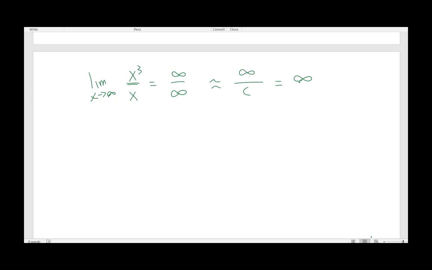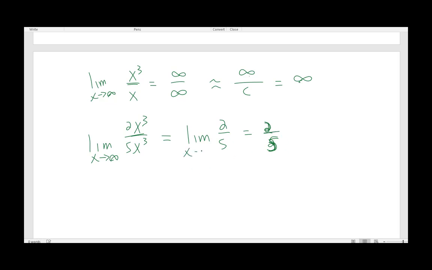All right, now what if the exponents are the same? Let's say x cubed over x cubed. Actually, let me put numbers in front of here like we had before. And in an algebraic manner, I can see the cubes are going to cancel. So I'm going to get 2 over 5, and the limit of a constant is just the constant, 2 over 5.